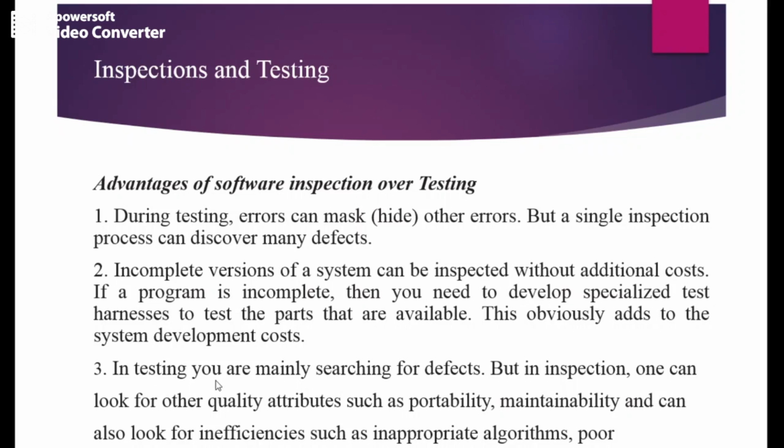Third one, in testing you are mainly searching for defects, the errors, no? But in inspection, you can look for quality attributes such as portability, how portable your system is, and maintainability, what maintenance cost might be required for your product, or how long you can maintain that software.